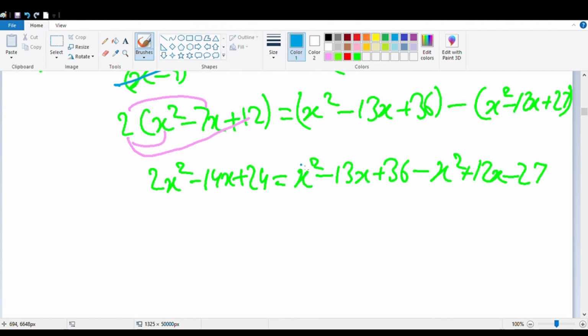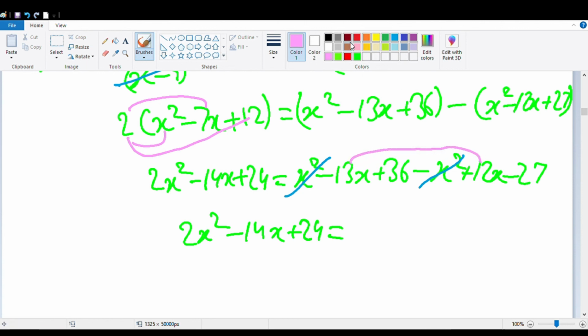So here x squared and x squared cut out, and we get 2x squared minus 14x plus 24 is equal to negative 13x plus 12x, which is negative x, and 36 minus 27, which is 9.